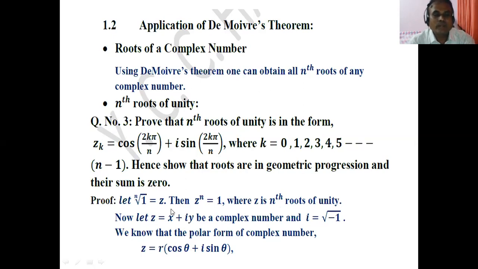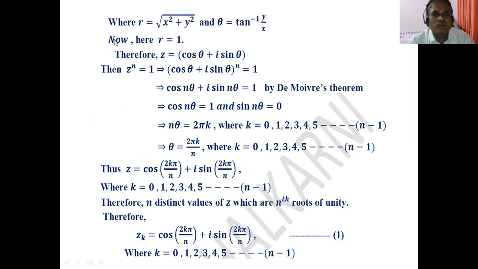Now we can write this complex number in polar form. We know that the polar form of a complex number is z equal to r times the bracket cos theta plus i sin theta, where r is a polar coordinate, r equal to root of x square plus y square, and theta, another polar coordinate, equal to tan inverse y by x.